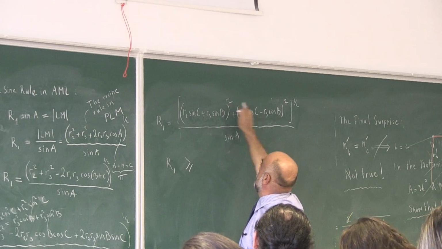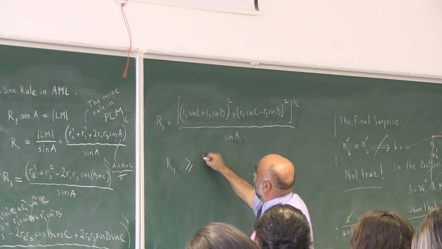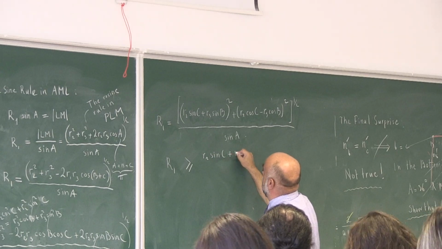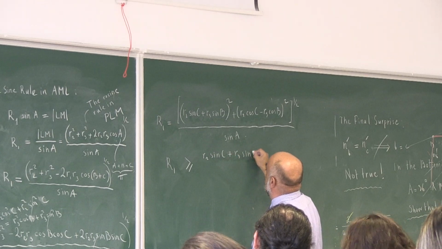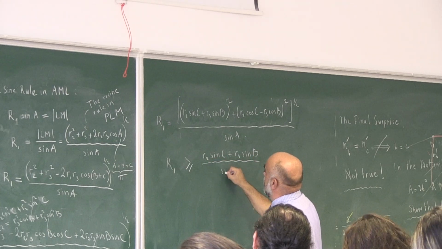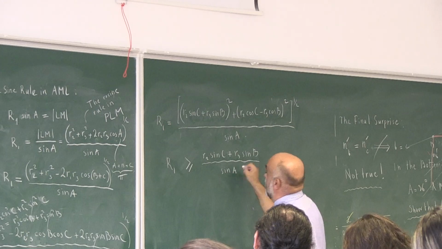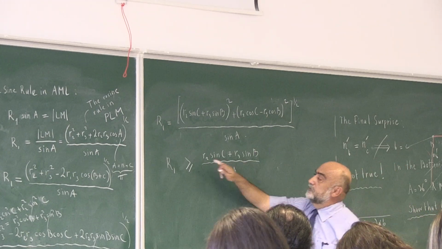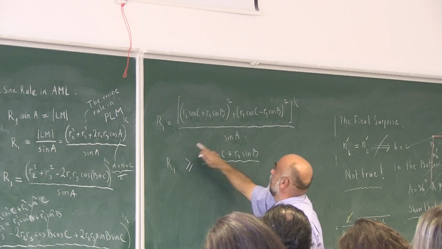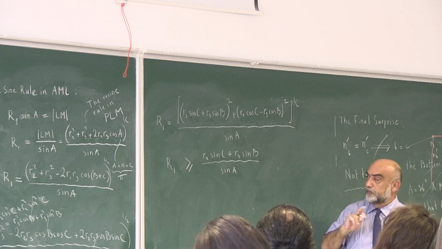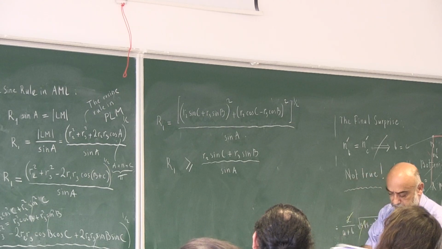So, and this is square root, so I've got R2 sine C plus R3 sine B divided by sine A. And let's remember, in order for this actually to be an equality, this must be 0. Remember that. Remember that by all means. Pekala.